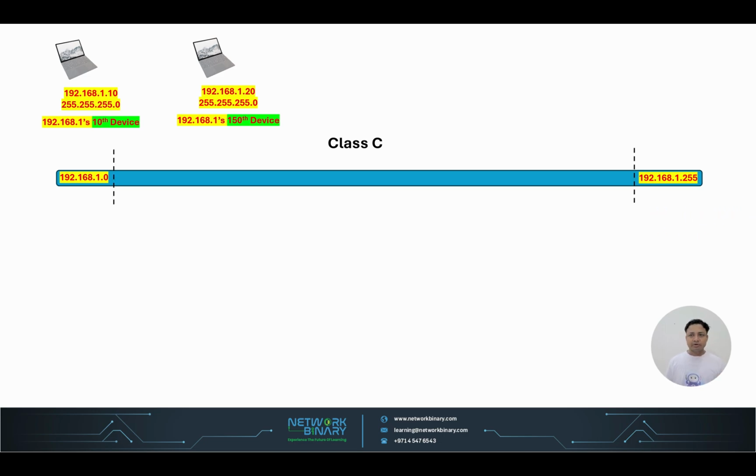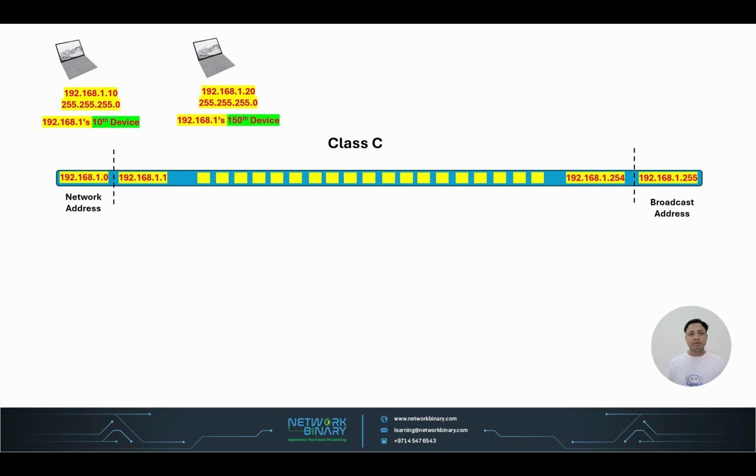The first and last IP addresses, these two, we do not use for any device. They have a specific purpose, and they are known as the network address and the broadcast address. So the addresses which we can assign to any device in this network will start from 192.168.1.1 and reach up to 192.168.1.254.